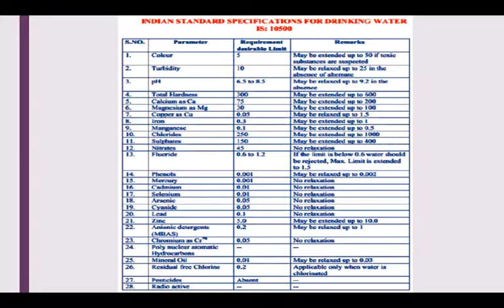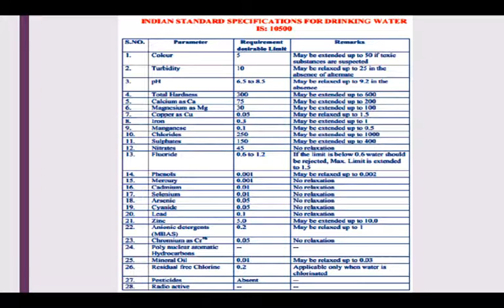That is, we are following the IS specification for drinking water, IS 10500. It's an IS code; the civil engineering field has code books. They are named IS codes, for all the materials, for all the standards.